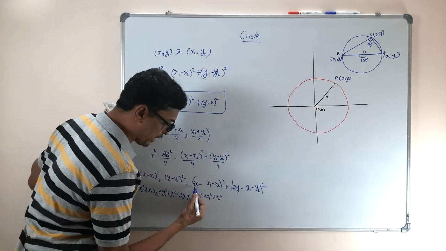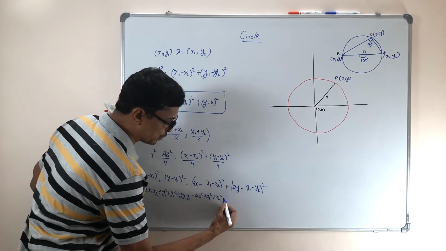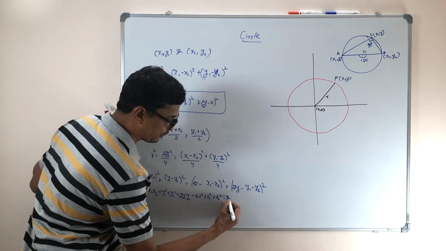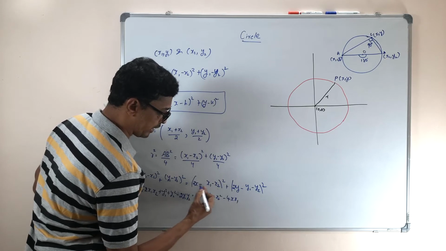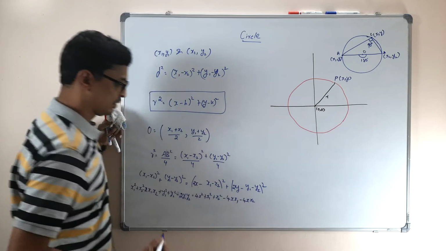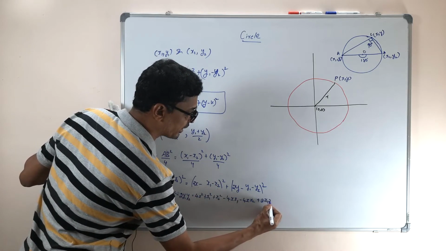Okay, 4x square plus x1 square plus x2 square, then this one, right? Plus 2, no, this is minus. Minus 2, 2 to the 4x x1, and this one is minus 4x x2, and this is plus 2 x1 x2.